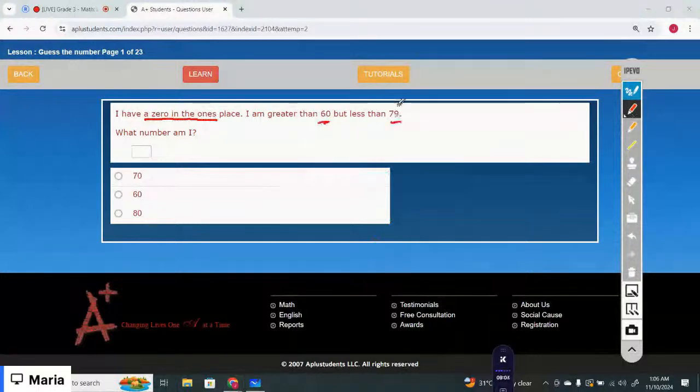So greater than 60 and less than 79, you have 70, with 0 at the ones place. 80, no, 80 is greater than 79. You only have one number that has 0 at the ones place and is greater than 60 and less than 79. So the required number is 70. Got it?